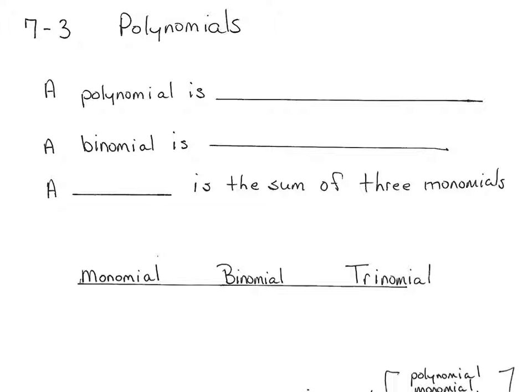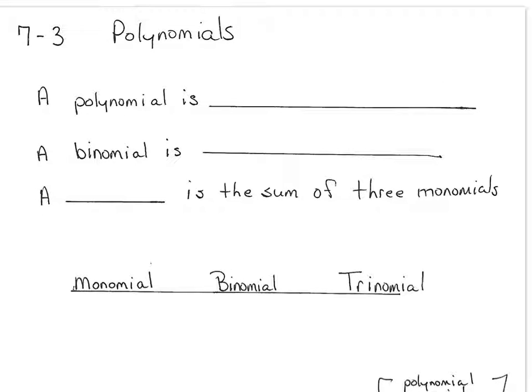A polynomial is a monomial or a sum of monomials. Poly means many. Have y'all talked about polytheistic societies, many gods? Poly means many. So a polynomial is a monomial or the sum or difference of monomials.